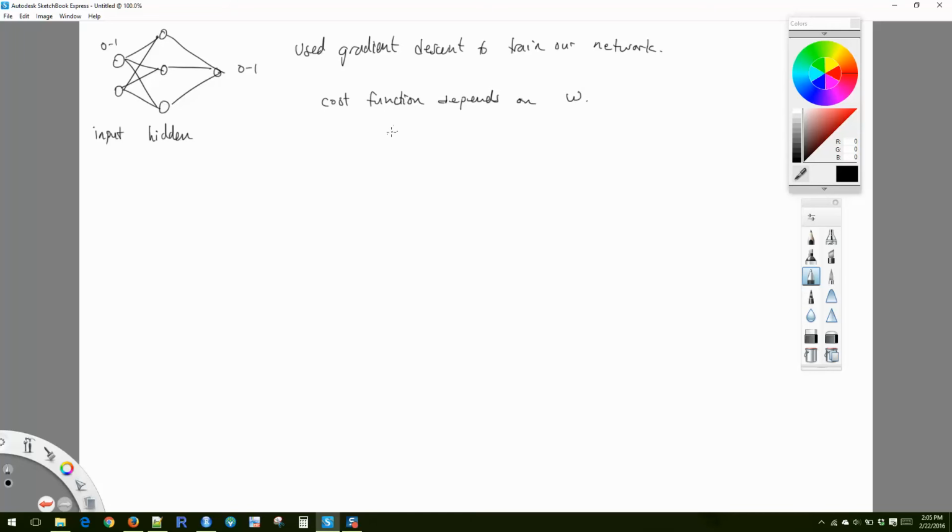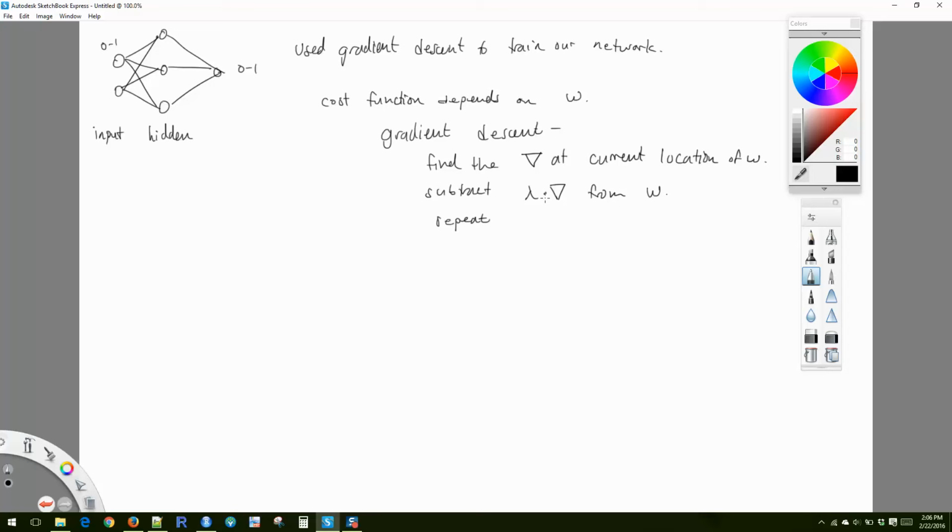So gradient descent is: find the gradient at the current location of W, and then you subtract some lambda times the gradient from W. Then repeat. You just do this over and over, taking steps in the direction of the gradient.